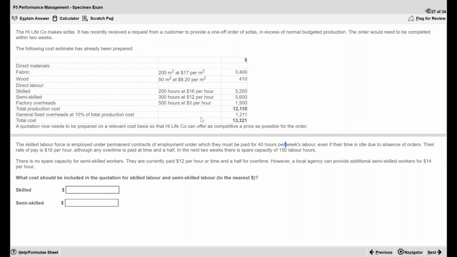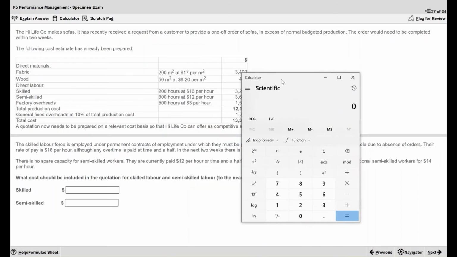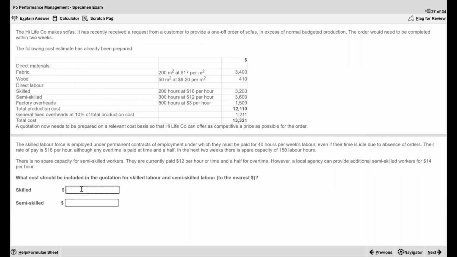So how much time do we need? As skilled hours, we need 200 hours. 150 spare capacity would be zero cost, but that 50 has to be taken as overtime. So that means 50 multiplied by 16, which is the normal rate, multiplied by 1.5. So 1200 would be the relevant cost of skilled labor.